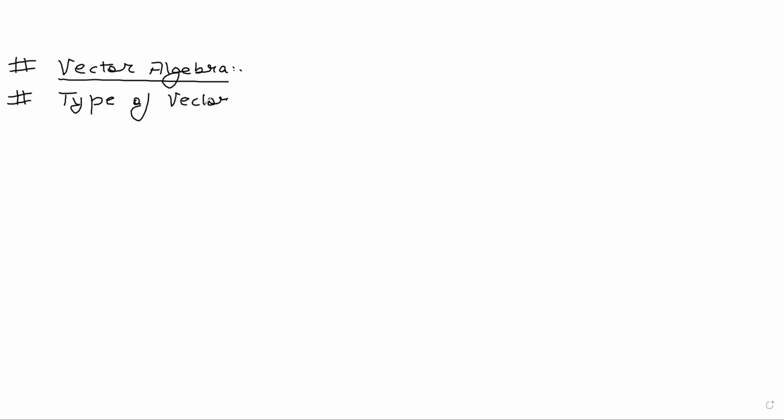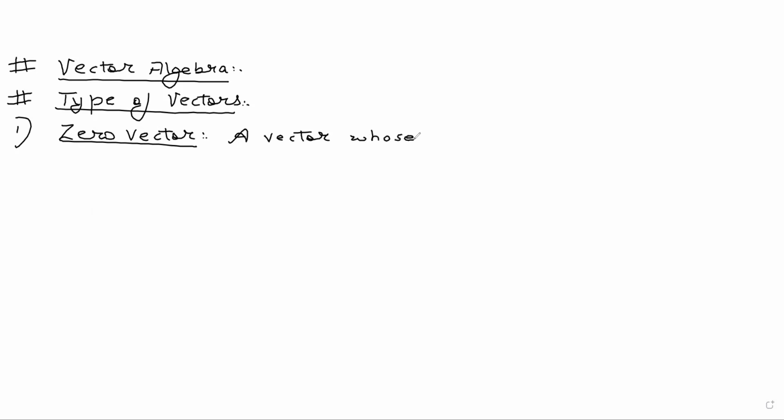So our heading now is types of vectors. First we have the zero vector. So let us see what a zero vector is.